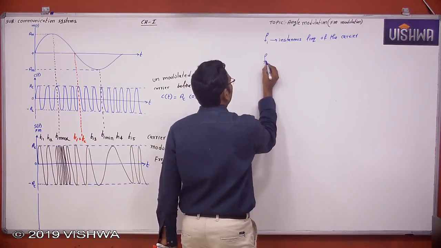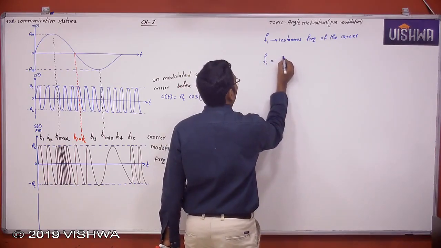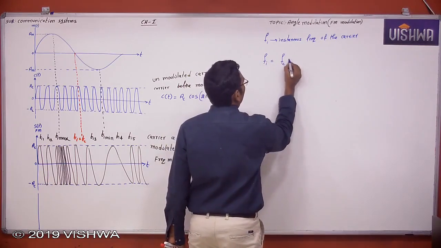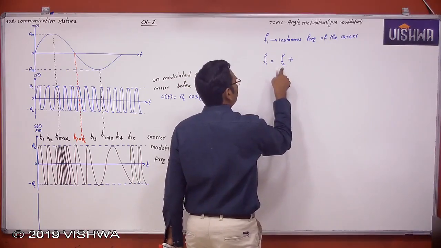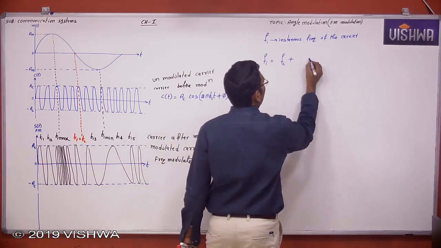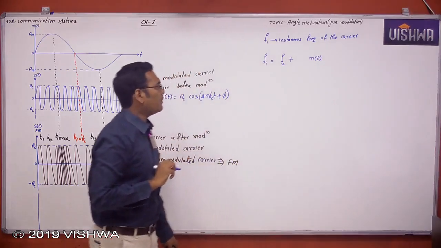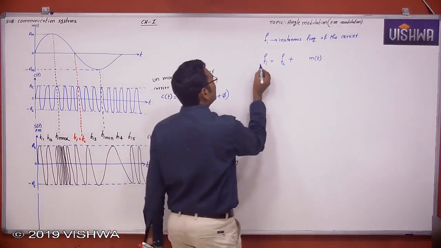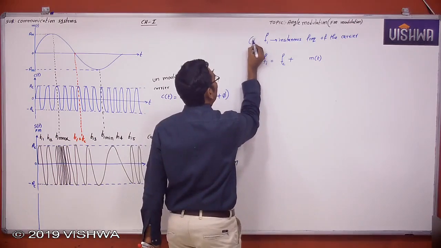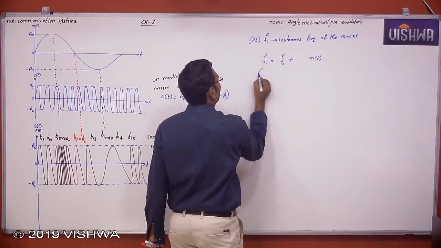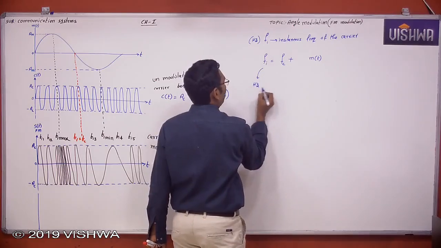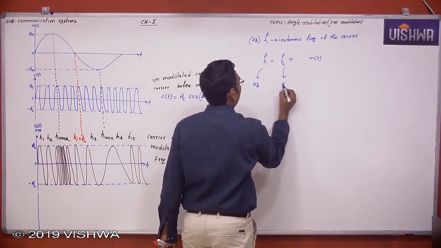Now, what is this instantaneous frequency of the carrier after modulation? Can I write like this? Fi is equal to Fc plus, since the frequency of the carrier is changed in accordance with amplitude of the message signal, this is the amplitude of the message signal. But what is the units of Fi? Fi units are hertz, frequency. This is hertz, okay. This is also hertz, okay.